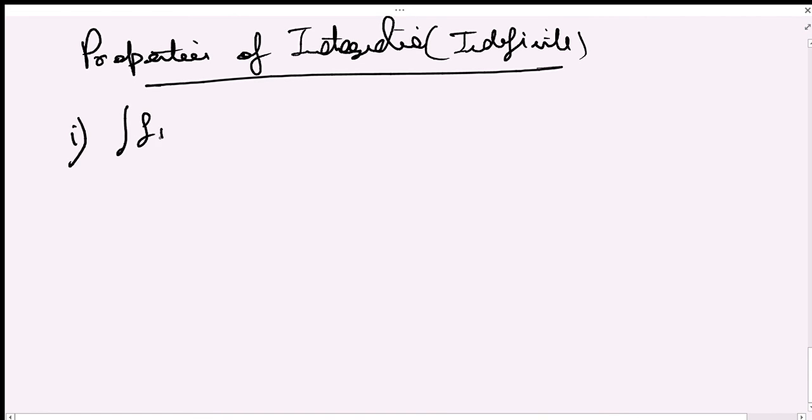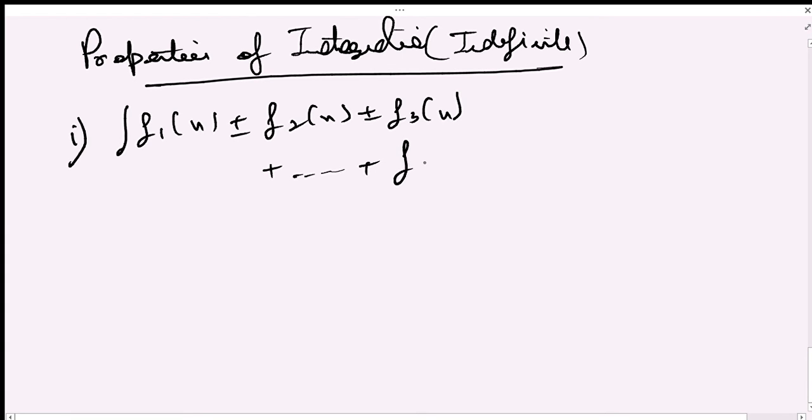integration of f1(x) plus or minus f2(x) plus or minus f3(x). You have a number of functions, and you are integrating the summation or the subtraction of all these functions together, with a dx over all of them.